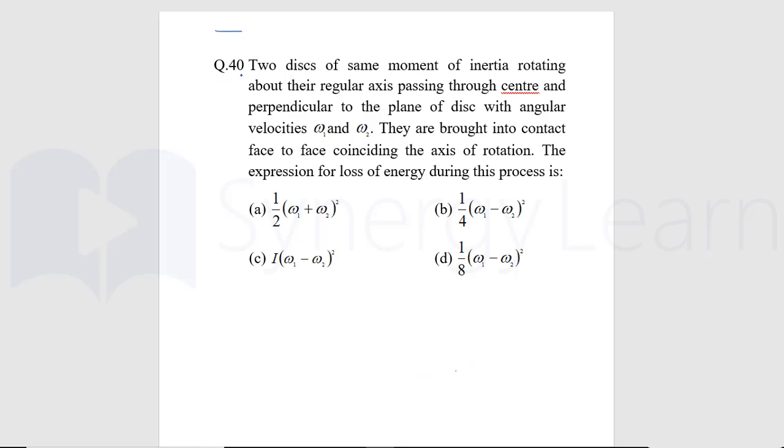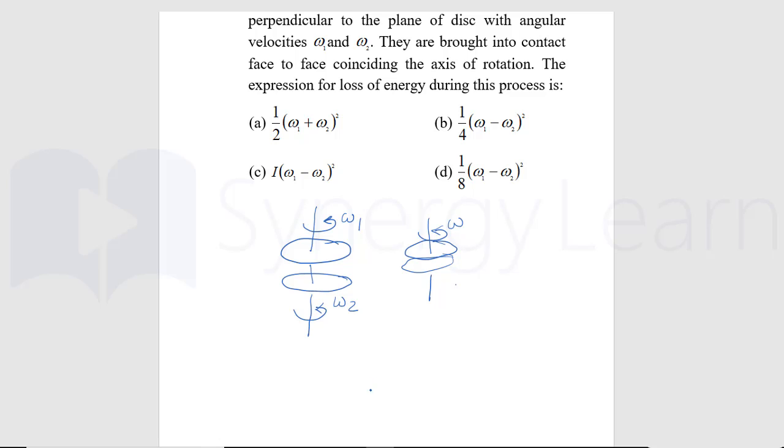In question number 40, two disks of same moment of inertia rotating about their regular axis, passing through center and perpendicular to the plane of the disk with angular velocities omega 1 and omega 2. When they are brought in contact, finally they will rotate with a common omega. So this case is similar to a collision between two balls.